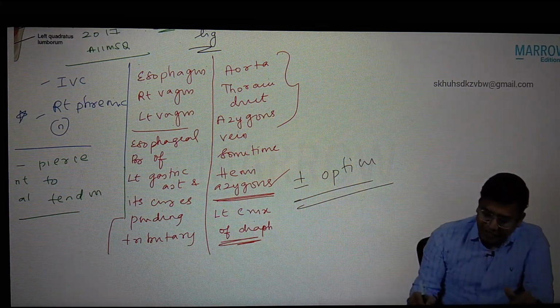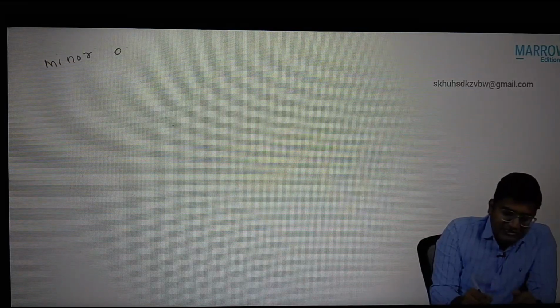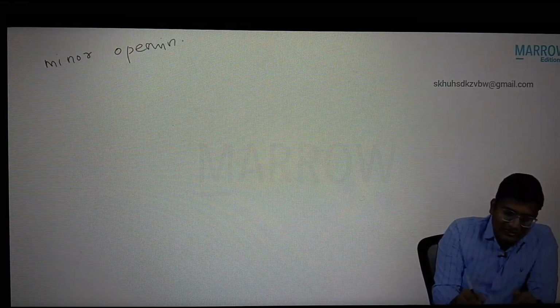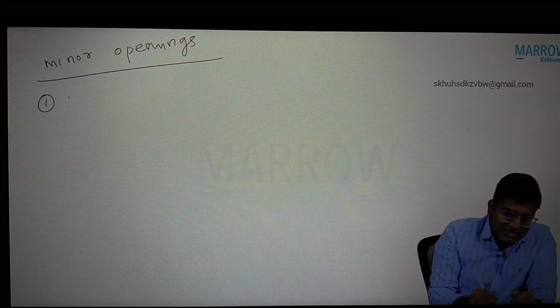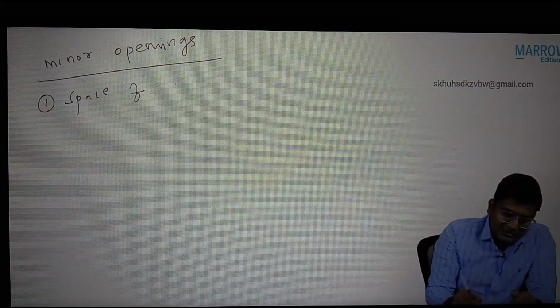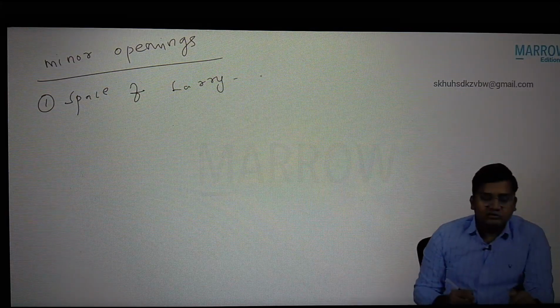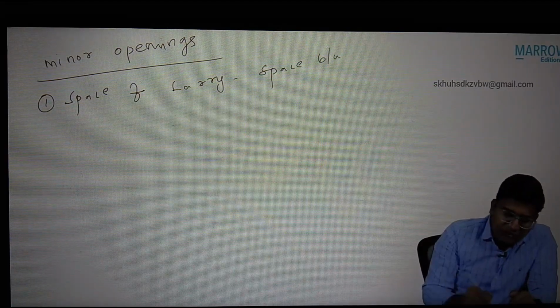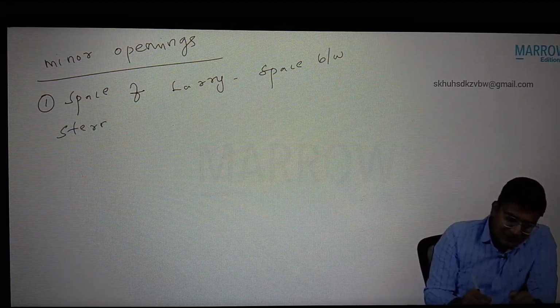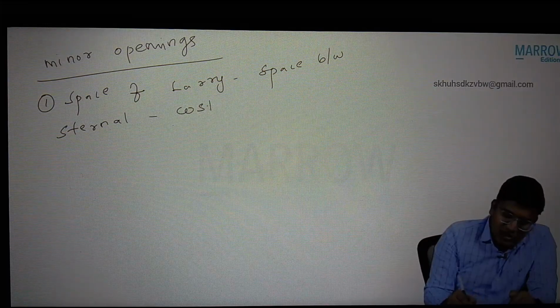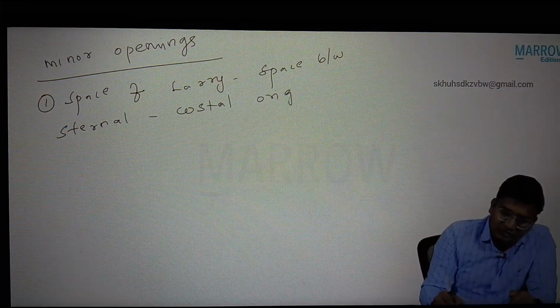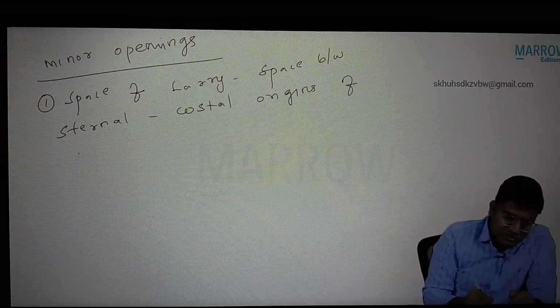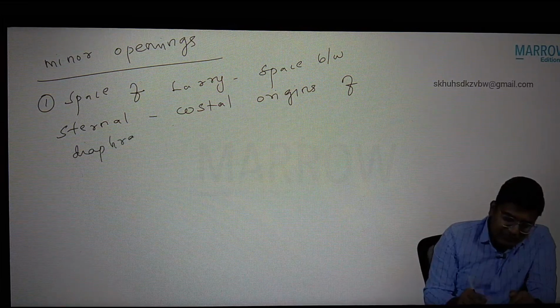Now, we also have minor openings. So, among the minor openings, number 1, we have the space of Larrey. Now, the space of Larrey, it is a space between the sternal and the costal origins of the diaphragm.